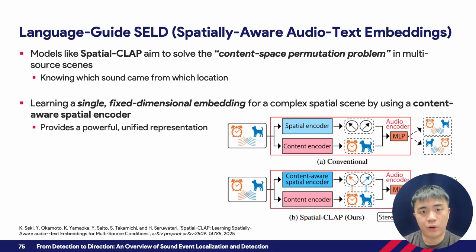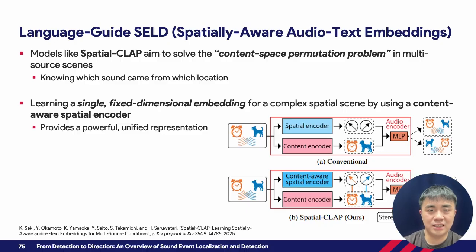Now, other models are focused on creating better representations for these LLMs to reason over. For example, Spatial CLAP aims to resolve the content-space permutation problem. That is, in a scene with a dog and a clock, how do you bind the dog sound to the left location and the clock sound to the right location?